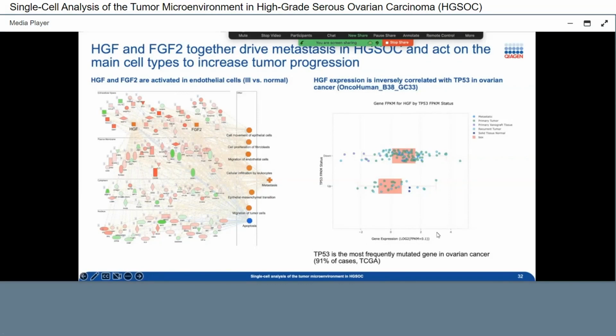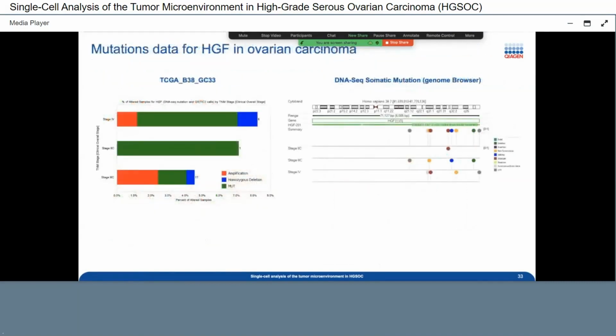HGF is highly expressed when TP53 is down, right? And it's inversely correlated, with lower expression when TP53 is up. So everything works well. In a situation where you have high mutation and very low expression of TP53 in ovarian carcinoma, HGF is up. So again, it makes sense to see that in the network when you look at HGF and FGF2, right? I can ask a couple of other questions before I show you the activity plot.